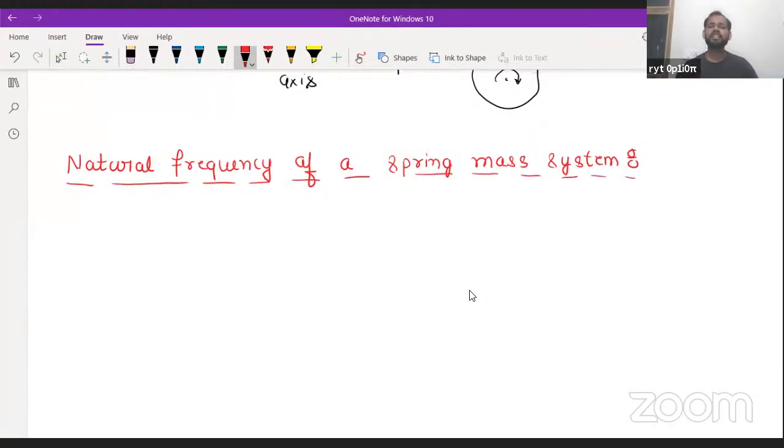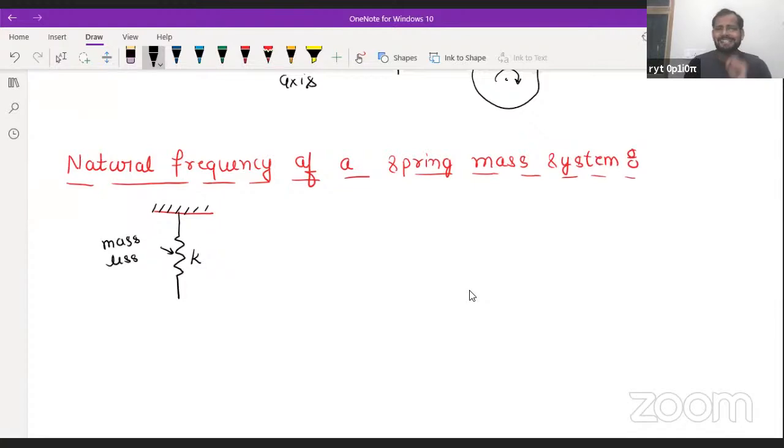Now the orientation of a spring mass system can be any, so we will discuss the natural frequency in each and every case. So let us assume there is one spring. Initially there was a spring, and this spring is massless, and its stiffness is K.